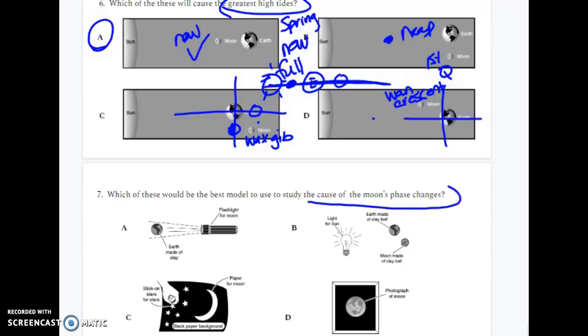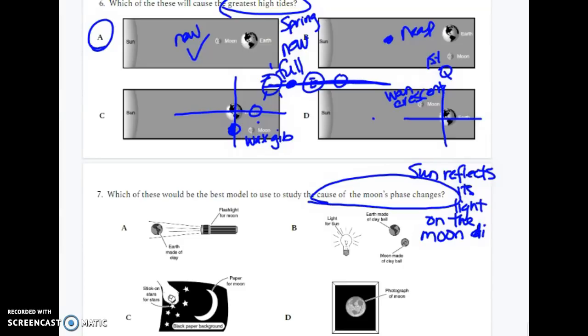Okay, so first of all, the cause of the moon's phase changes is the fact that the sun reflects its light on the moon differently as the moon revolves around Earth.